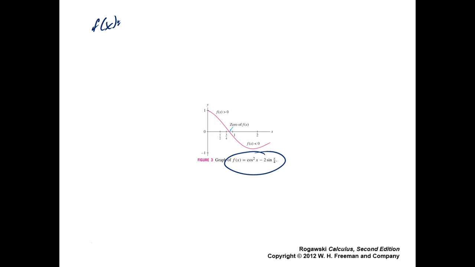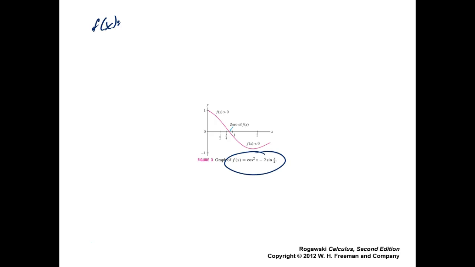Now, what mode had you better be in? We talked about taking sines and cosines. Angles. Second, radian mode. Make sure you're in radian mode.